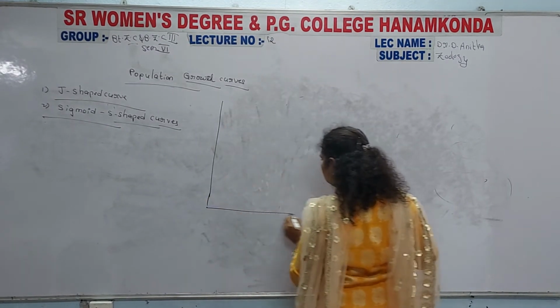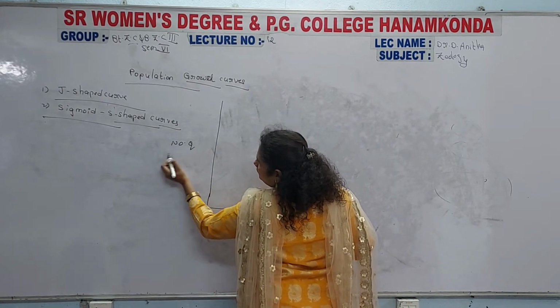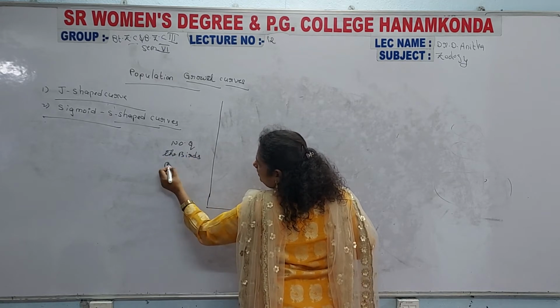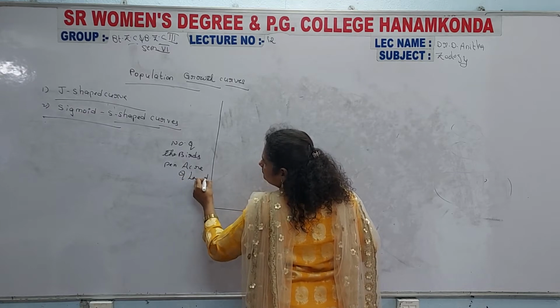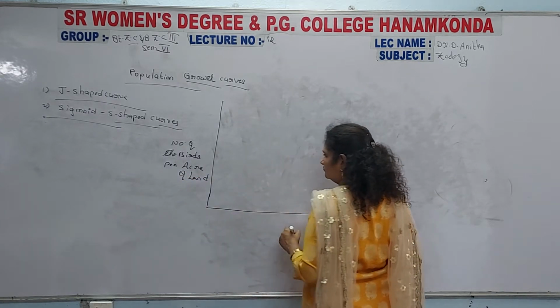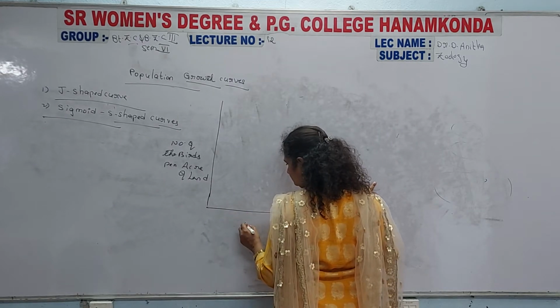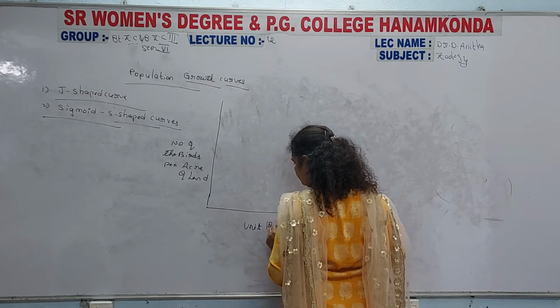And now we will see some birds population, the number of the birds per acre of land, per particular unit of time.